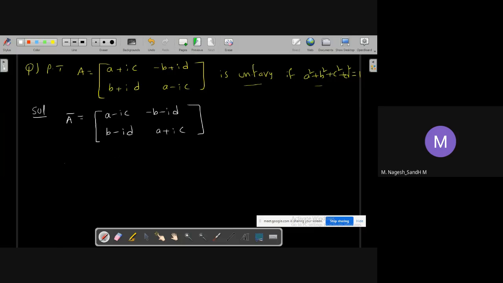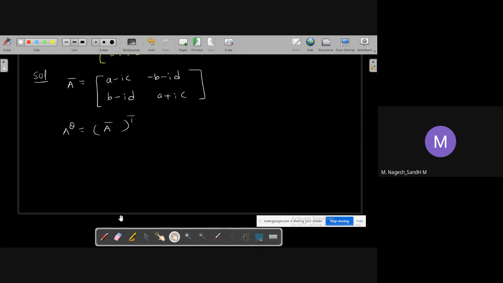Now A power theta, which is the A conjugate transpose. Writing the rows as columns, A power theta has rows (a minus ic, minus b minus id) and (b minus id, a plus ic). So you got A power theta.